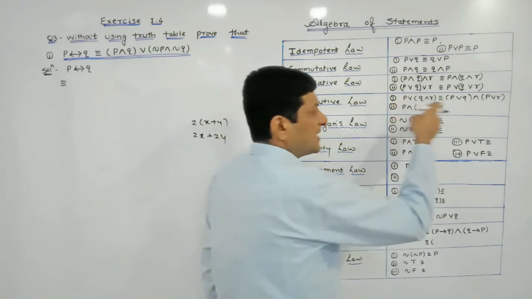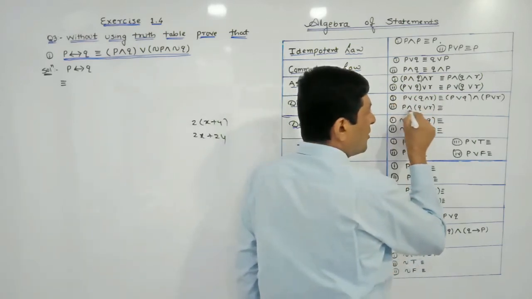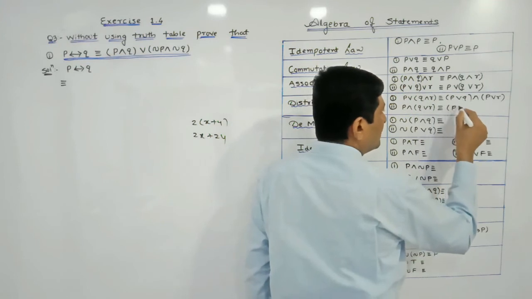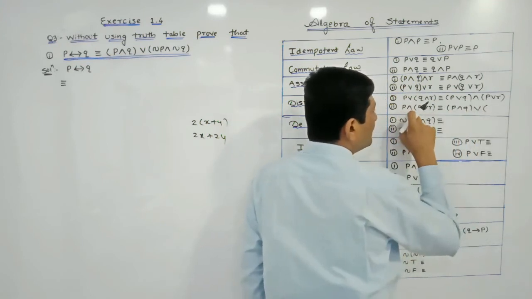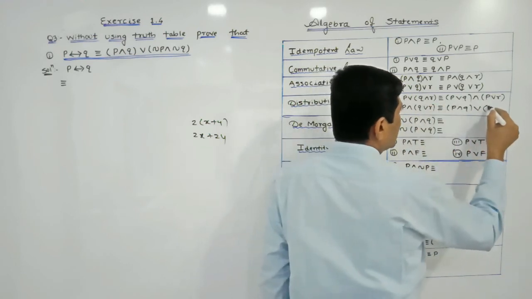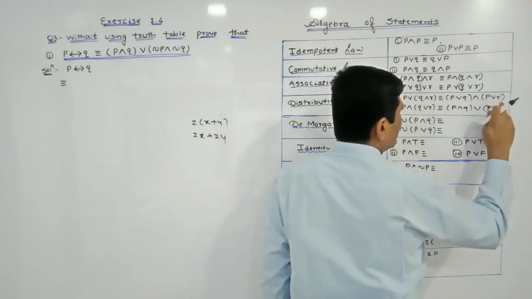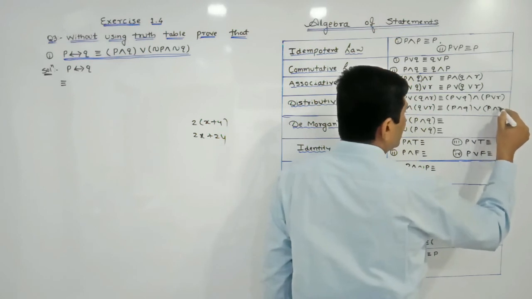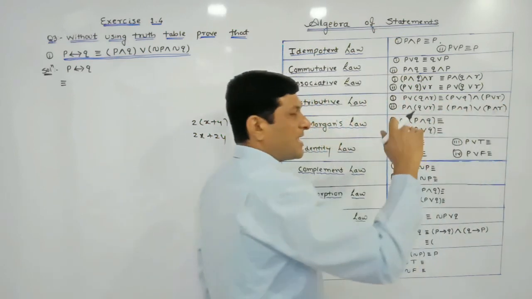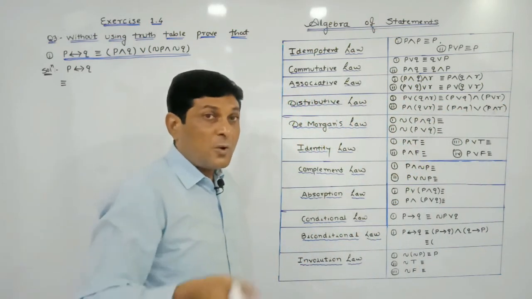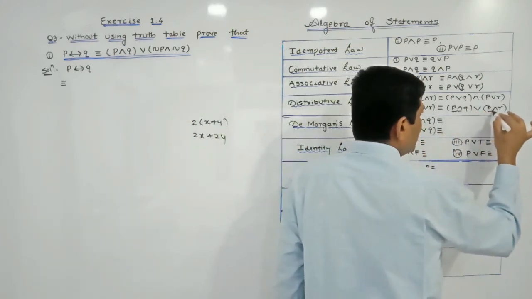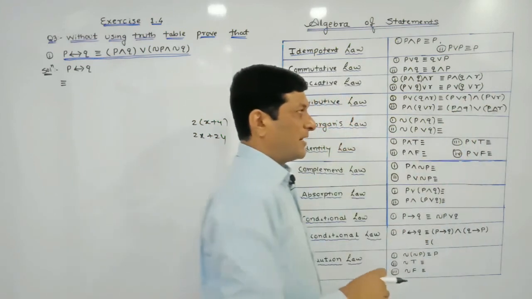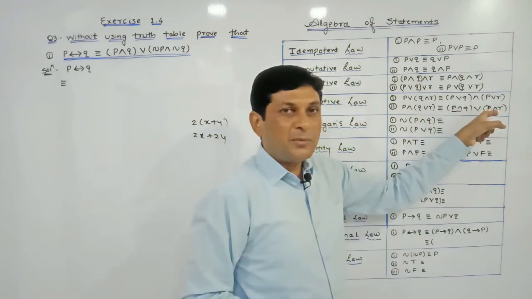The same method we apply in the second case also. Take the and of P with the first letter Q, P and Q, keep this or as it is, then take the and of P with the second letter, means with R, P and R. In this way we are applying the distributive property. Or in other words, on this side, if you observe both brackets, P and is common in both the brackets.